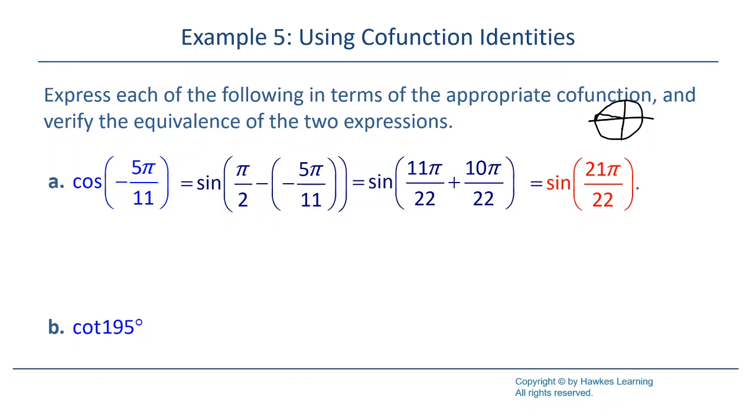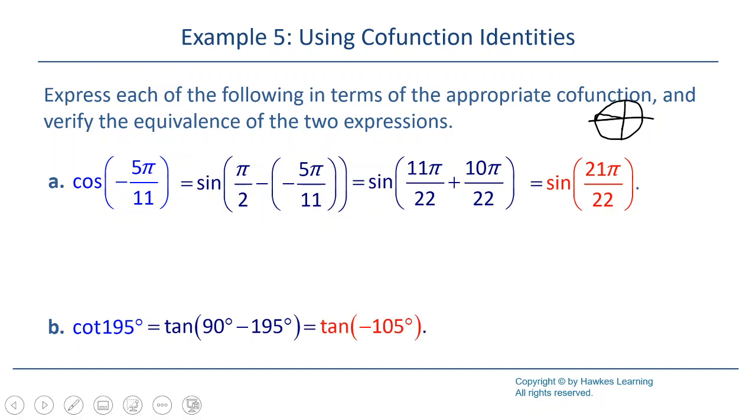And cotangent of 195 degrees, because we're in degrees, we switch from pi over 2 to 90. And then we get tangent of 90 minus 195, which is simply tangent of negative 105.